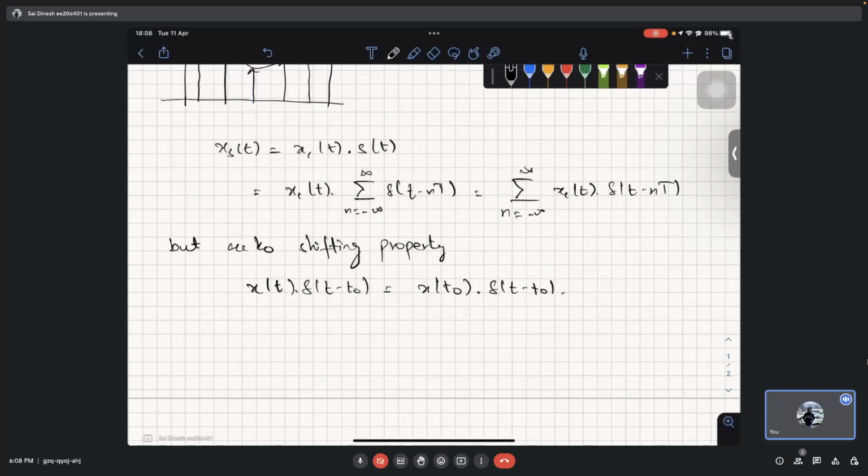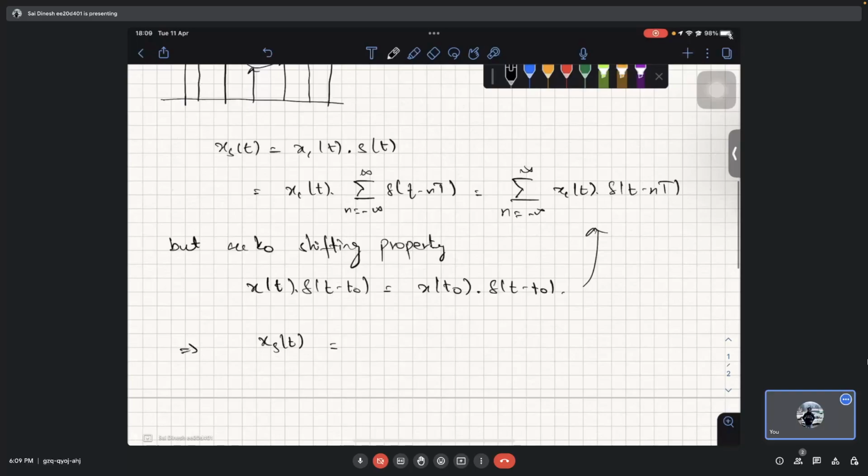If we apply this here, the new sampled signal xs of t is equal to the sum of xc of nT into delta of t minus nT. So the size of the impulse at the sample time nT is equal to the value of the continuous time signal at that time.